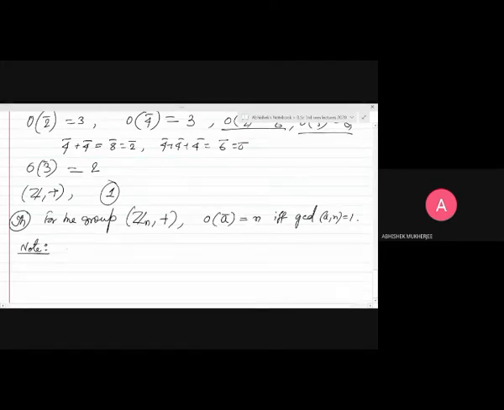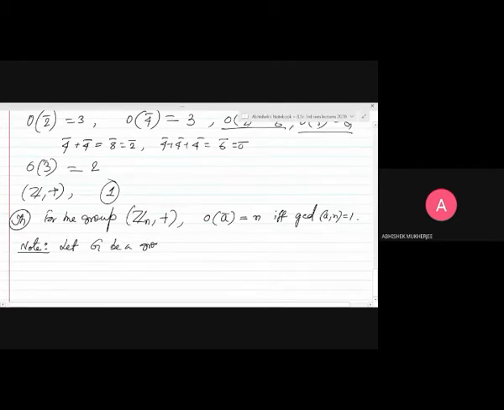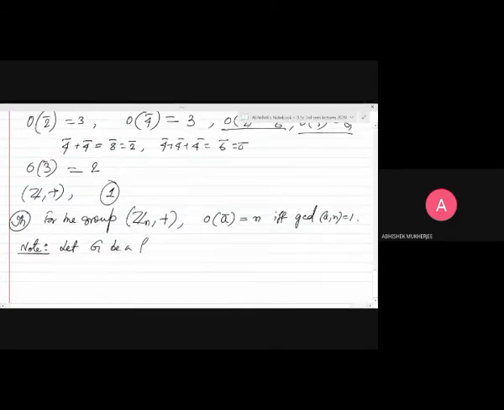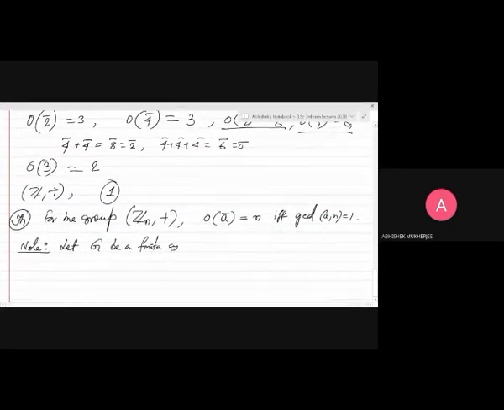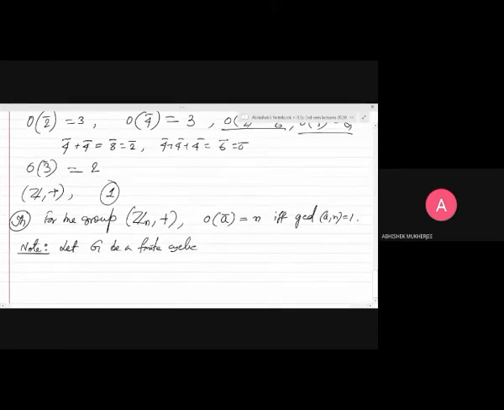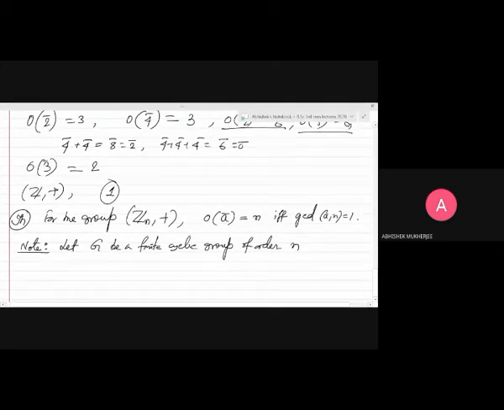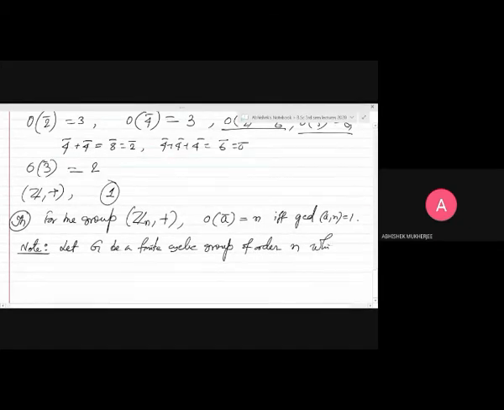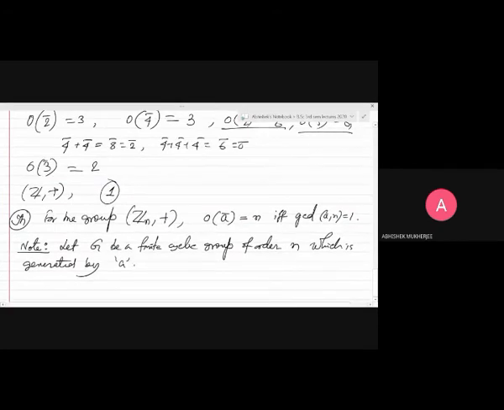So we can write down one note: let G be a finite cyclic group of order n, which is generated by, suppose, a. Suppose G is generated by this small a.